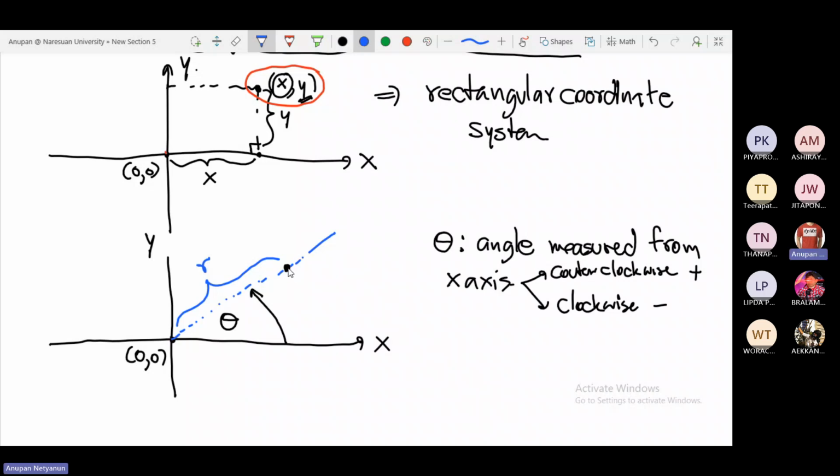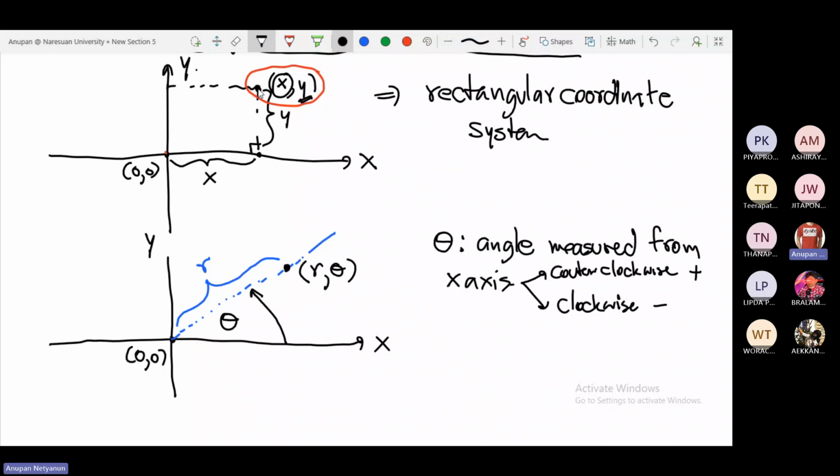Okay. So you can see that I can get to this point by these two values, which are now r and theta. In the rectangular system, I need two values, x and y, to get from this point to this point by walking in the x-axis direction for x units, and after that, walking in the y direction, y units. So I arrive here.